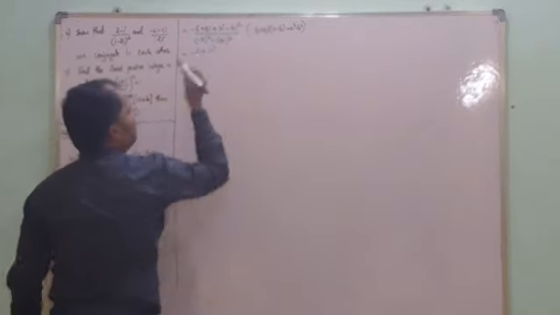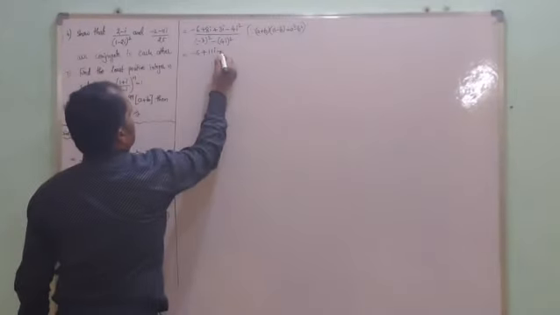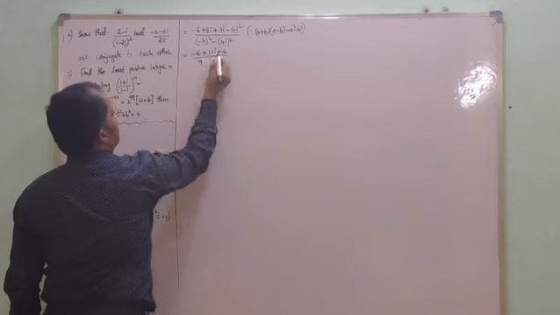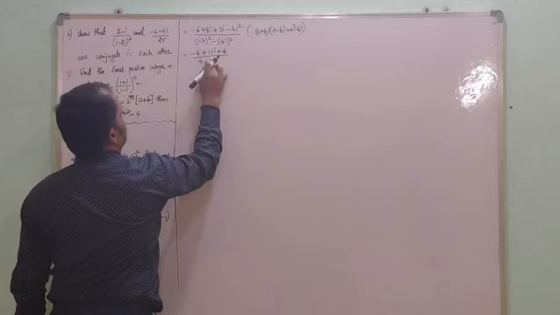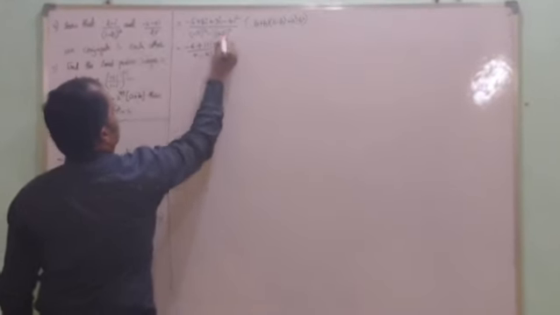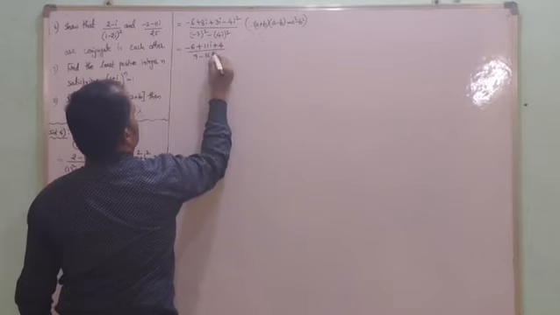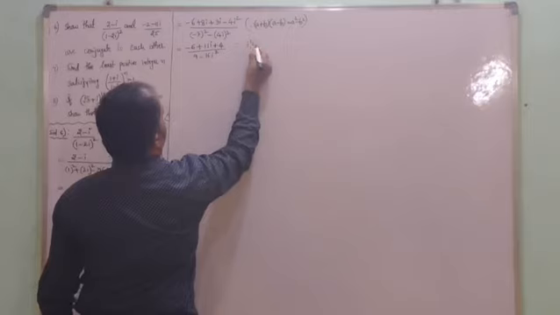And i square, already we know, the i square value is minus 1. So minus into minus is plus 4. By minus 3 squared, which is 9, minus 4i squared: 4 square means 16, and i square as it is. Here we can use the i square value minus 1.